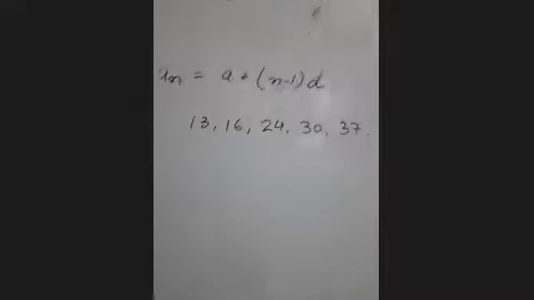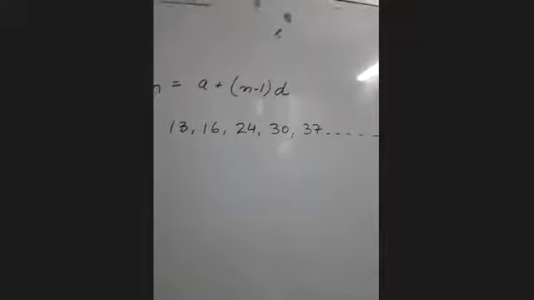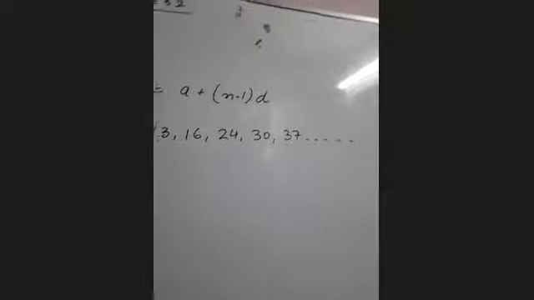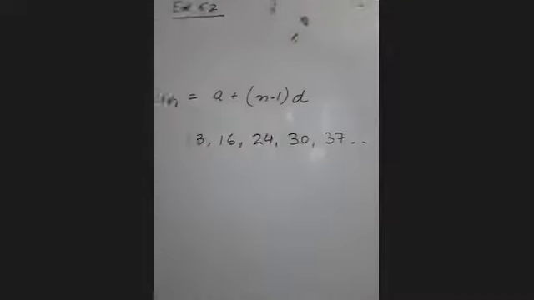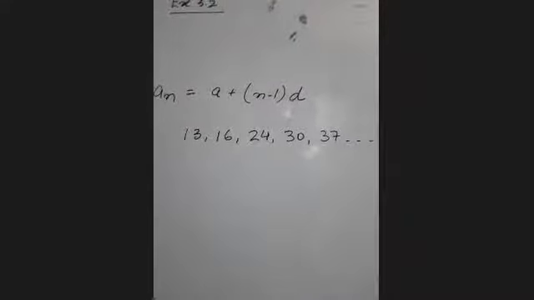This is an example I have noted down on the board. The numbers are 13, 16, 24, 30, 37, and so on. No, sir. It is not an AP because the common difference is not the same.